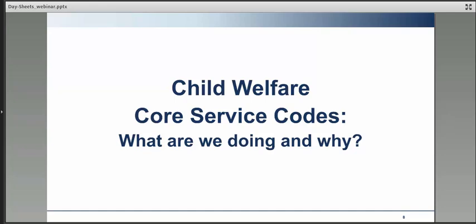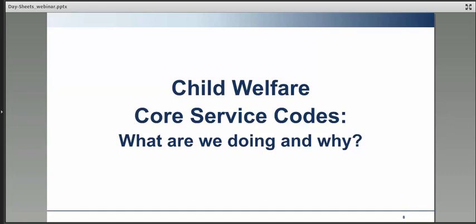So now we're going to jump into this, and we're going to talk about the core child welfare service codes. And what I mean when I talk about core child welfare codes is that there are about 5 or 6 different service codes that can account for anywhere from 80 to 90% of the child welfare work we do, depending on the specific issues in your county and the situations that your children and families are dealing with.